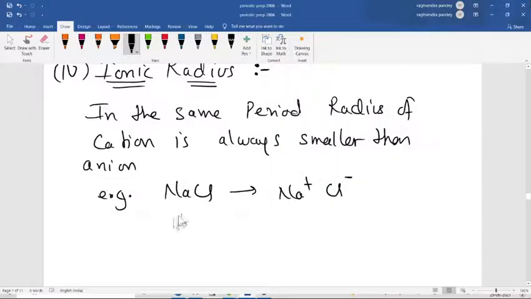That is an ionic bond. What is the ionic bond? Yes, it is a transfer of electrons. Sodium transfers its electron to chlorine, so sodium ion and chloride ion are formed. So that is the structure.